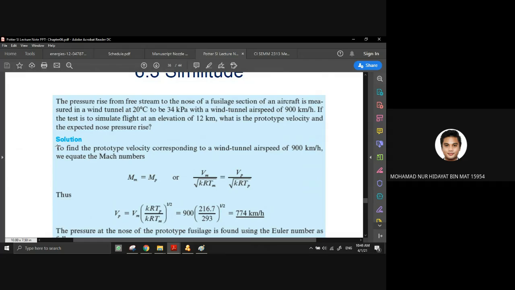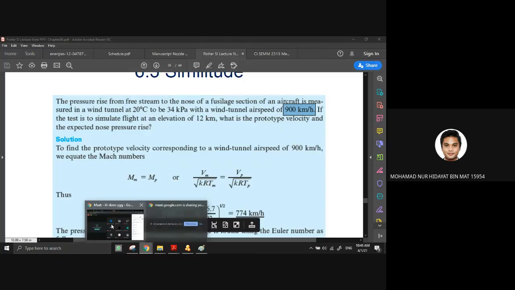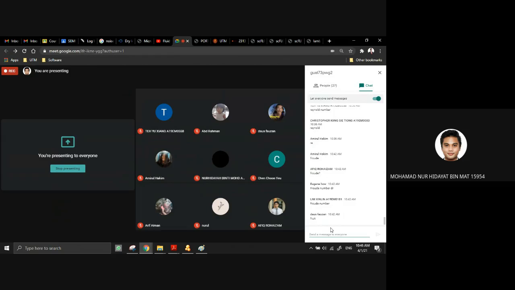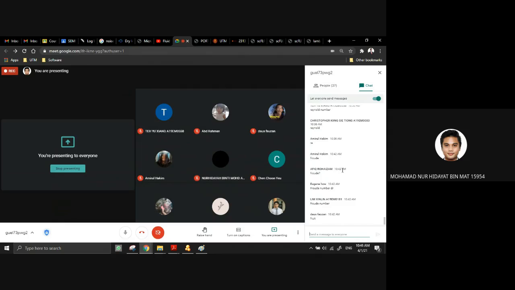So here is the solution. The speed is very, very high, related to the high Reynolds number. So what's the Reynolds number? Can you type here: what is the Reynolds number formula? Anyone?